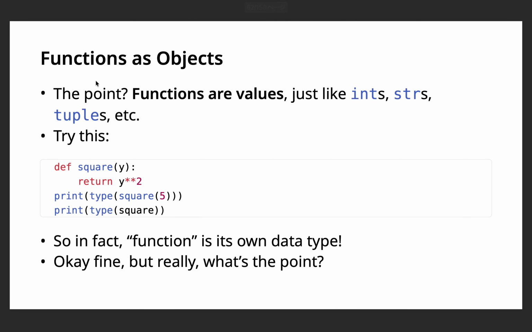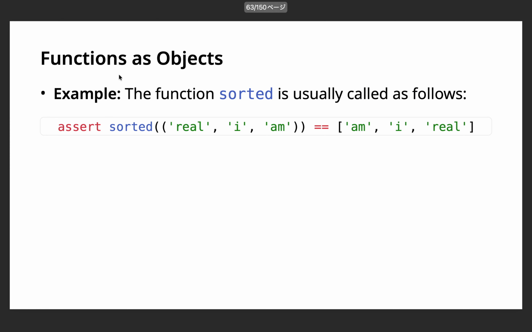So that's nice and all, but now that we know that functions are values, what does that actually allow us to do? Let's look at this example here. The sorted function sorts some sequence of values. When we try to sort these three strings over here, it sorts them in alphabetical order.